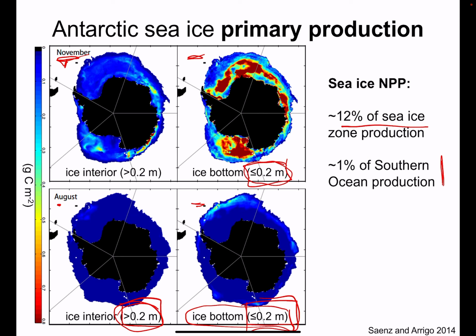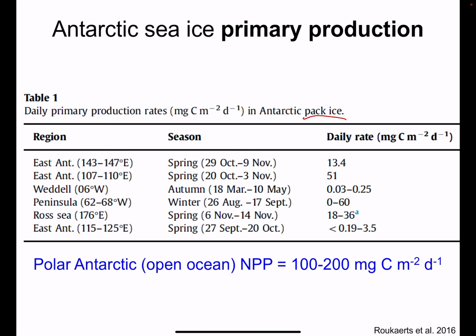So if it's 800 milligrams of carbon per meter squared for the month, then the daily rate is on the order of, I suppose, less than 30 milligrams of carbon per meter squared per day. So it's sort of on par with what you're seeing here.